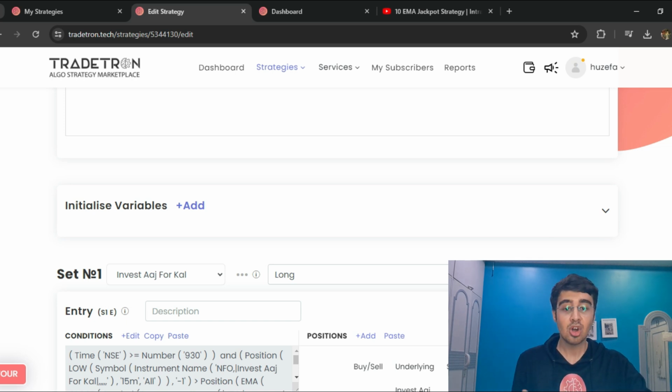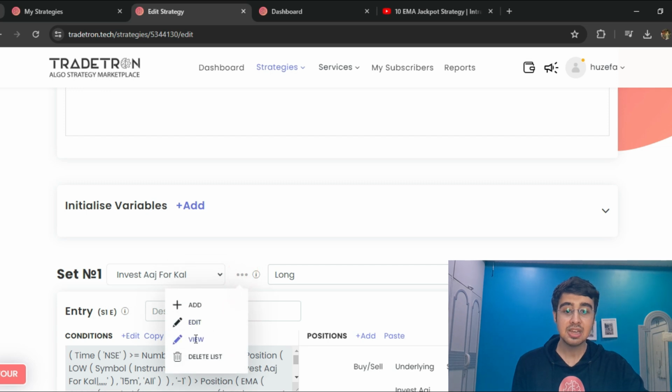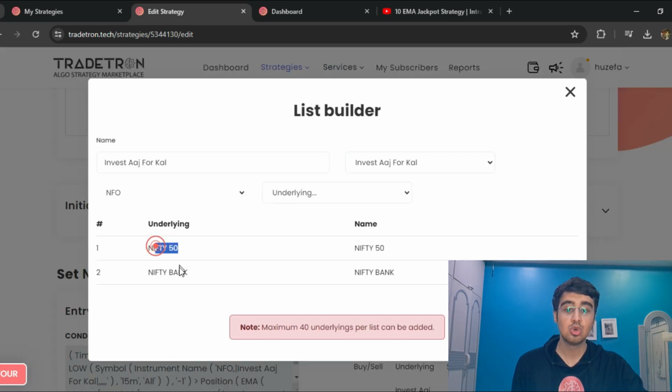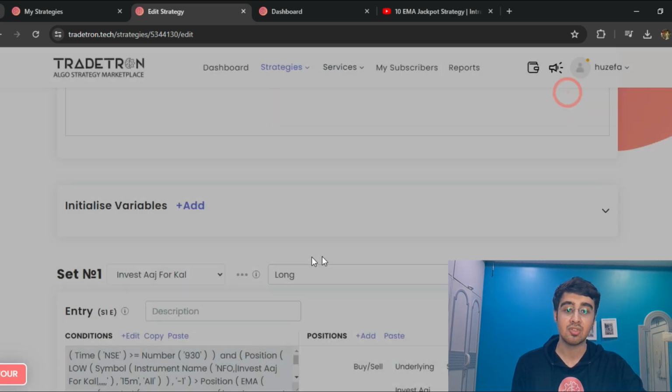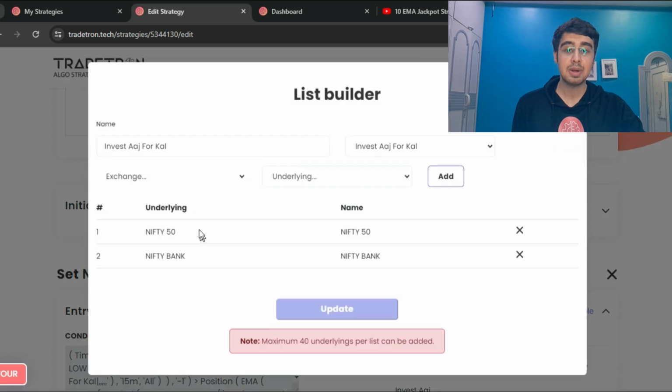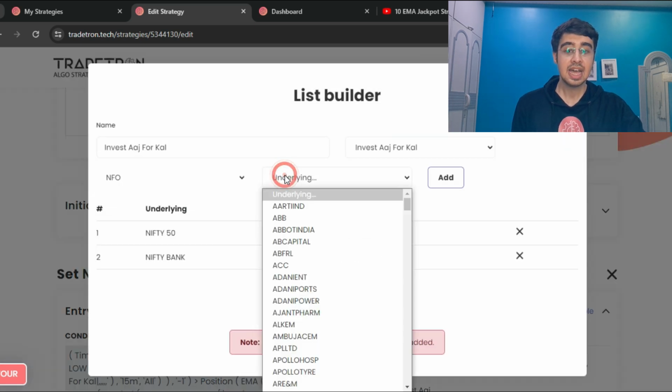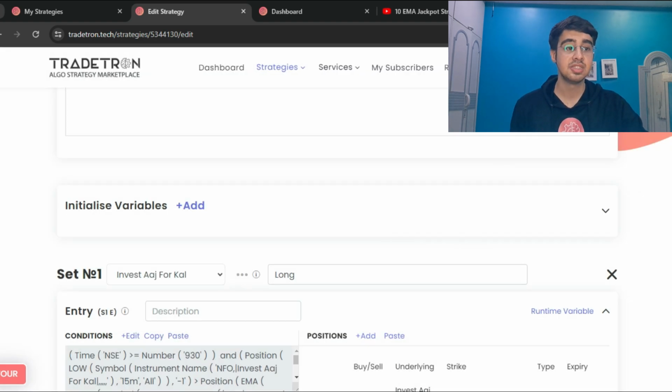So I have made one list called Invest Aaj for Kal, and in it I have added two instruments, Nifty and Bank Nifty. I can also add multiple instruments, let's say Fin Nifty, BankEx and Sensex, as needed in this strategy.